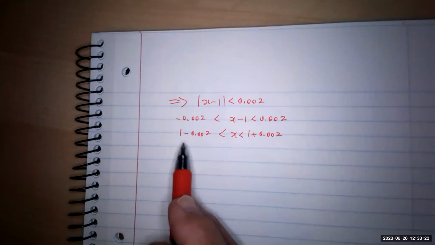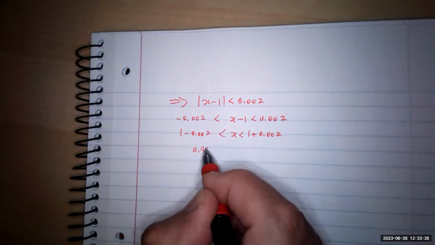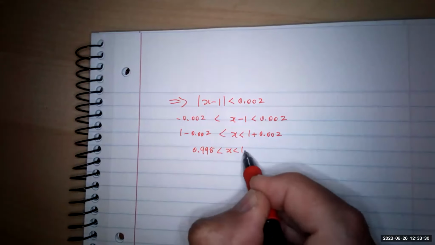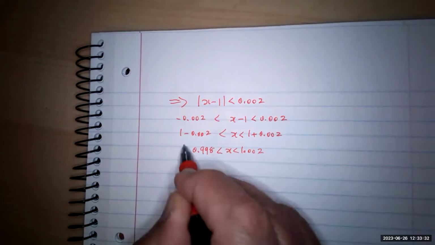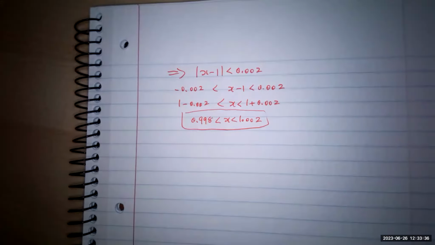If you do this, it's going to be 0.998 less than x less than 1.002. You see?